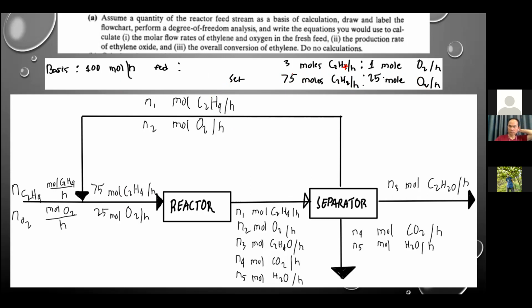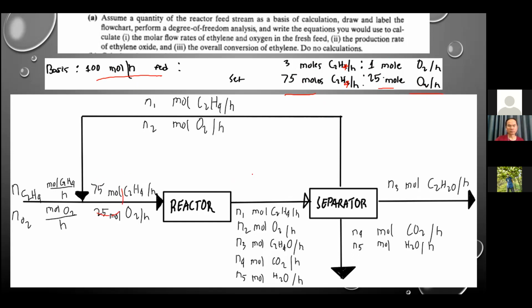So with the 100 moles fed that I assigned, there will be 75 moles of C2H4, ethylene, and then there will be 25 moles of oxygen gas. So here is our ratio, 3 is to 1. And with respect to the 100 mole feed, it is 75 moles to 25 moles, as we can see here.